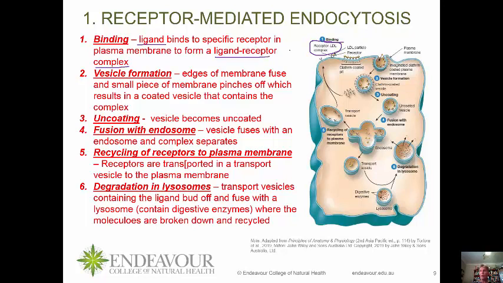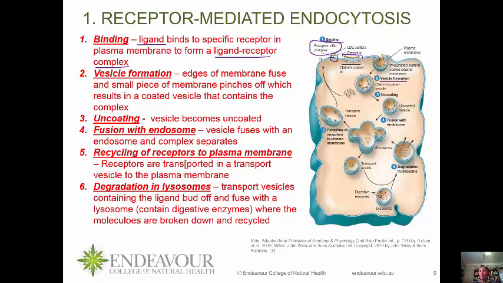So at 1, we are left with, you can see here, this area here, we have a receptor, and sitting on top of that is the LDL. So you can see here, this section here are your receptors and your ligand. Now in number 2, which is over here, what happens here? You can see that the ligand receptor complexes are sitting in what's called a clathrin-coated pit.